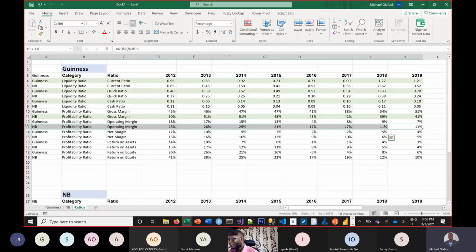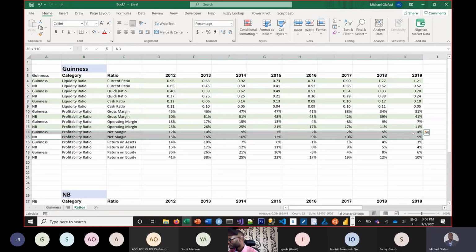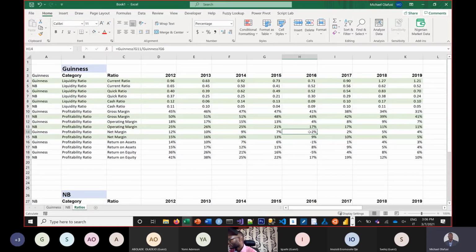Nigerian Breweries have it better, and a lot better. I think also for net margin, almost every year they have it better. I think this was the year that Guinness made a loss. I can't remember what they did last year, 2020.